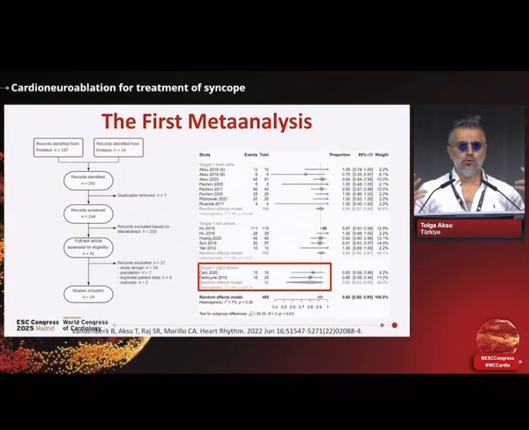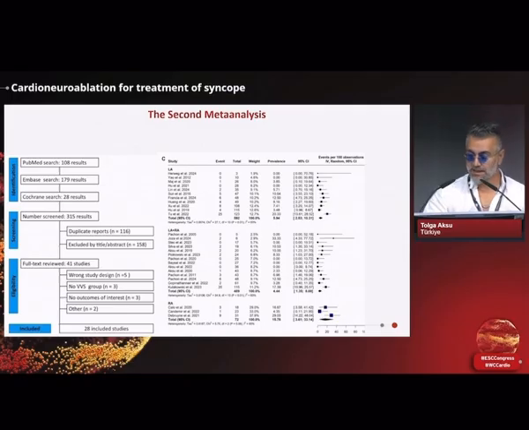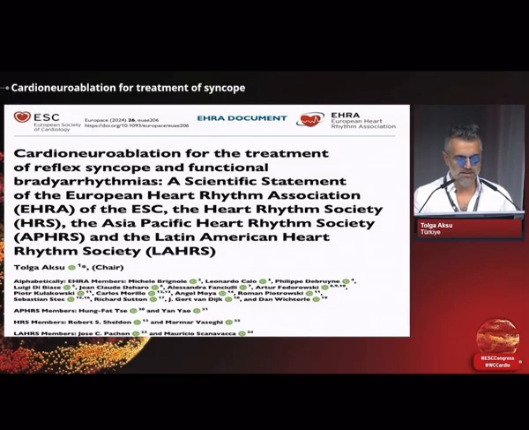I will show two meta-analyses about CNA in vasovagal syncope patients. According to these studies, the success rate seems to be 90%, but if you perform right atrium-only ablation, the success rate will decrease, so we suggest biatrial or left atrial ablation if you decide to perform CNA. This is another meta-analysis that showed similar results.